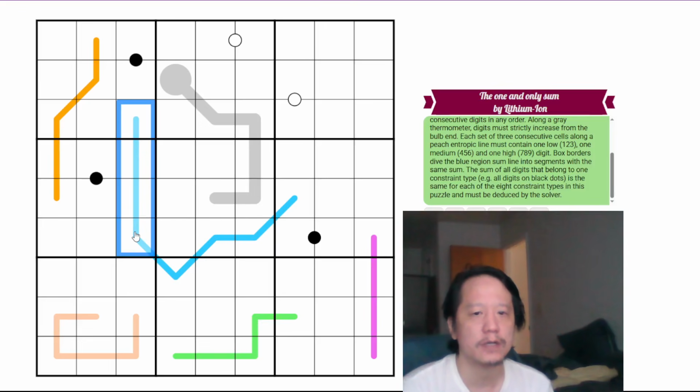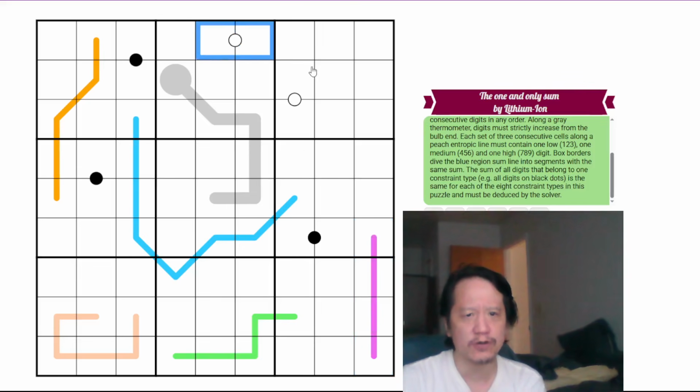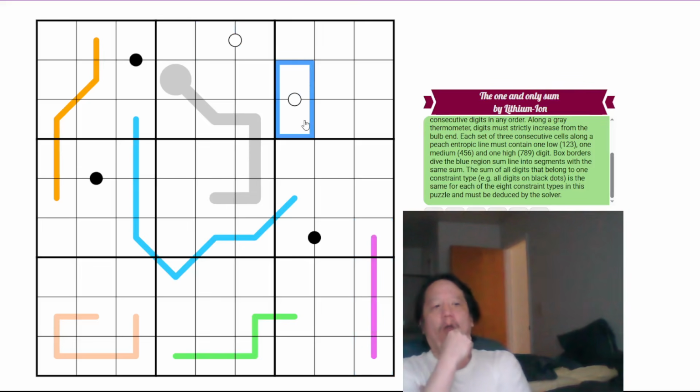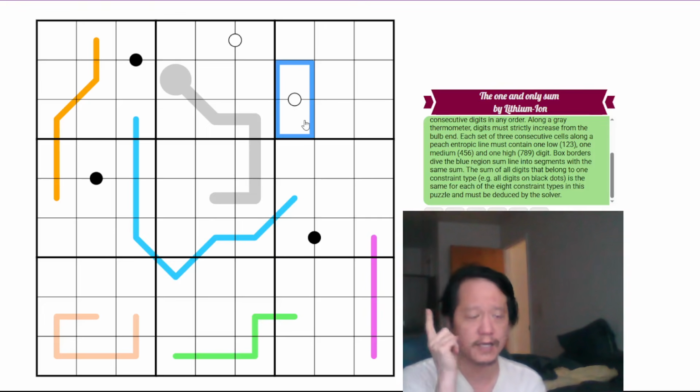Well, for a Renban line, we have only 4 digits. I think that's the one that's going to be the most restrictive. Everyone else has 5 or more digits, except for the Kropki dots. But the Kropki dots could have repeats. The Renban line cannot.